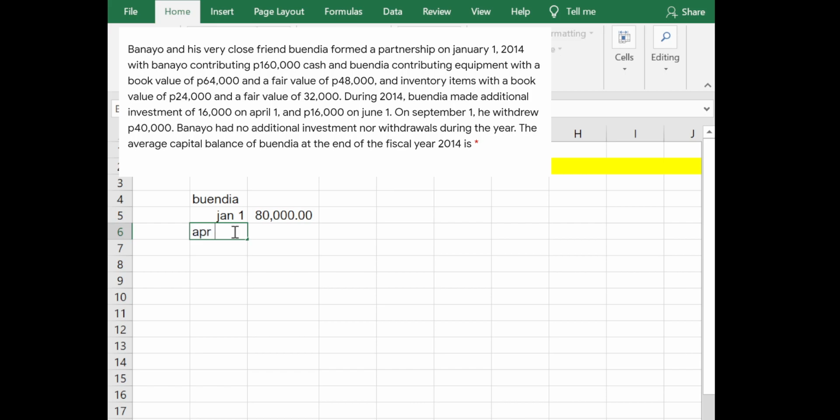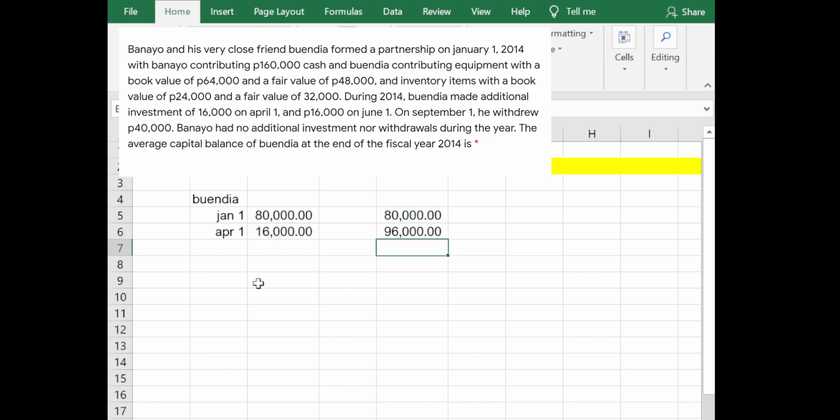On April 1, there was an additional investment of 16,000. So what we will do here is the running balance. This is our running balance: 80,000, plus the additional investment of 16, so 96.